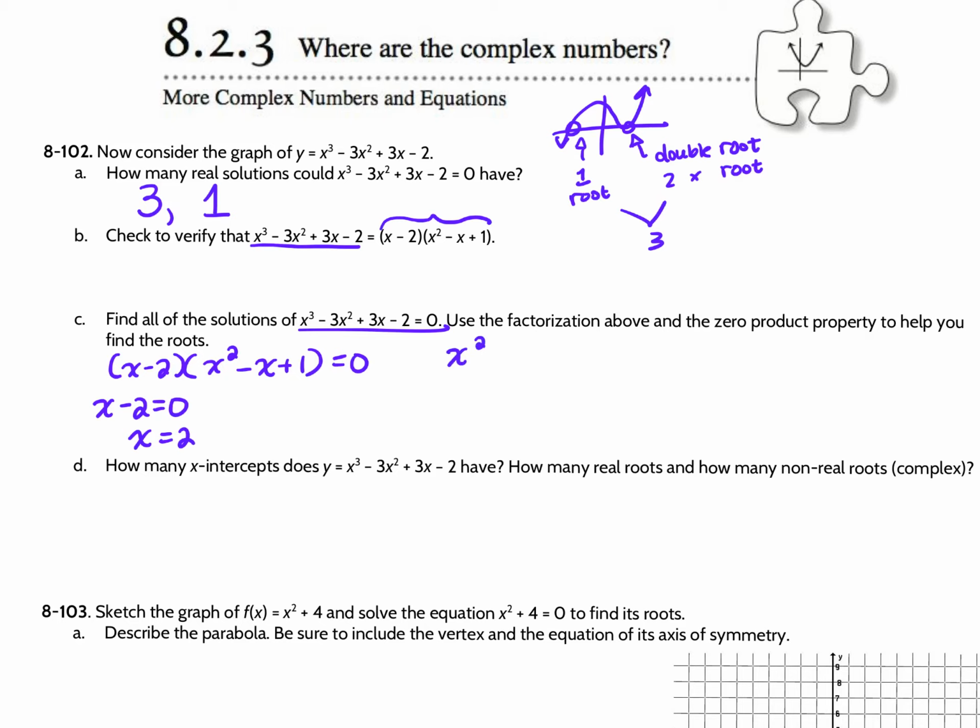Now the x squared minus x plus 1, you instinctively are probably thinking that factors. It does not, I promise. You can try, but it won't. So we're going to have to use the quadratic formula here. So we're going to get x equals negative b, so 1, plus or minus the square root of b squared, negative 1 squared, minus 4 times 1 times c, all over 2 times a, which is just 2 times 1, so 2.